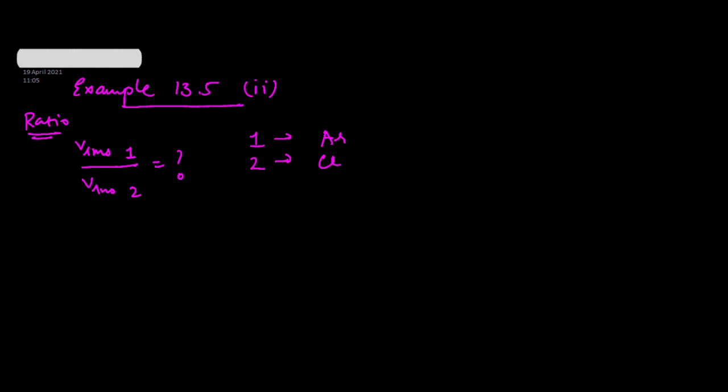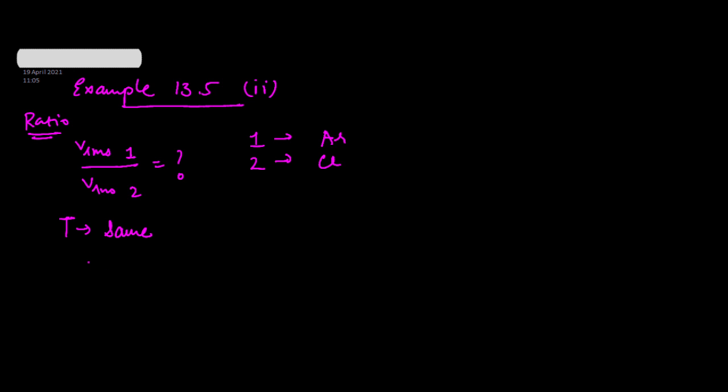Okay, so we have to find the ratio of Vrms, that is Vrms 1 divided by Vrms 2. One is for argon and one is for chlorine, and this is a mixture, that is two gases are mixed with each other, so they are going to have the same temperature. Remember, the temperature will be same. Let's begin.